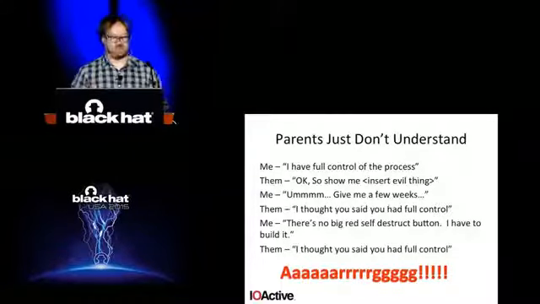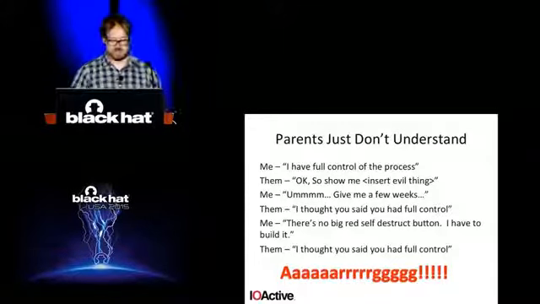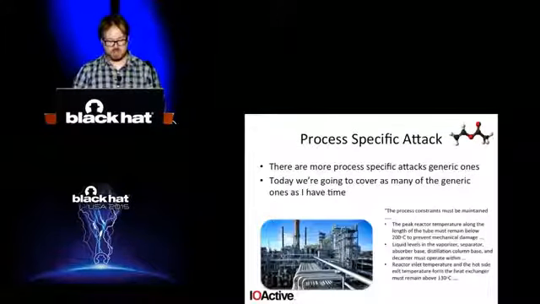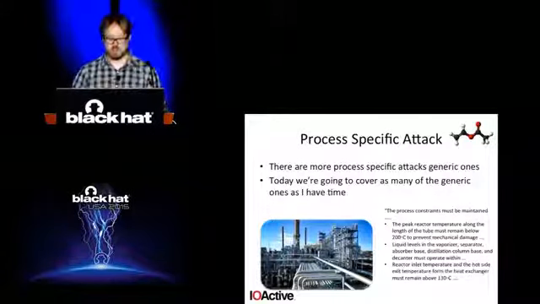The problem is Hollywood has conditioned us that once we get control, there's a big red button, and you mash the big red button, and things explode and stuff goes everywhere. In reality, you've got to analyze the process and actually build your big red button. There are a lot of attacks that are specific to the process. In a vinyl acetate process that we study a lot, it actually comes with a bunch of things that it says.